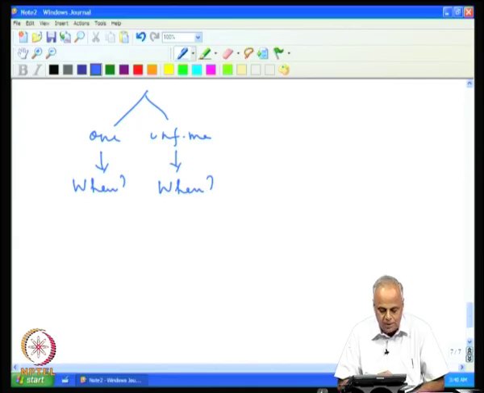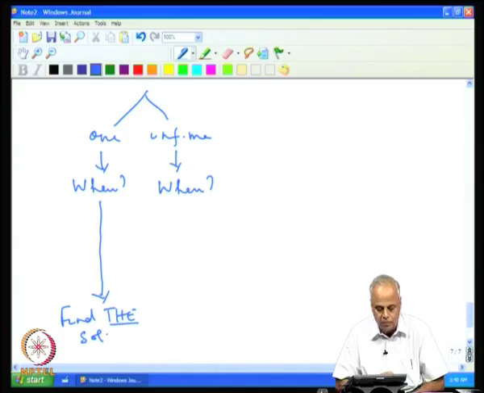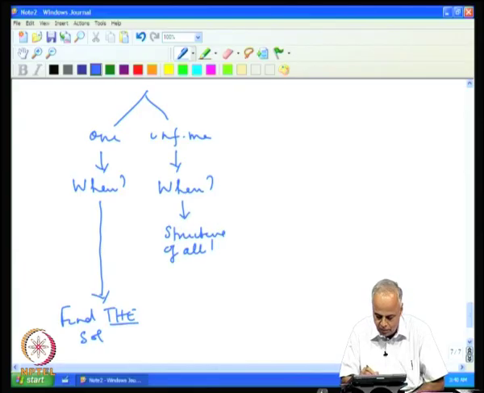Now, having answered this question, when there is only one solution, we want to find the unique solution which we know exists. When there are infinitely many solutions, what is the structure of all these solutions? That is the next question that we will have to answer.